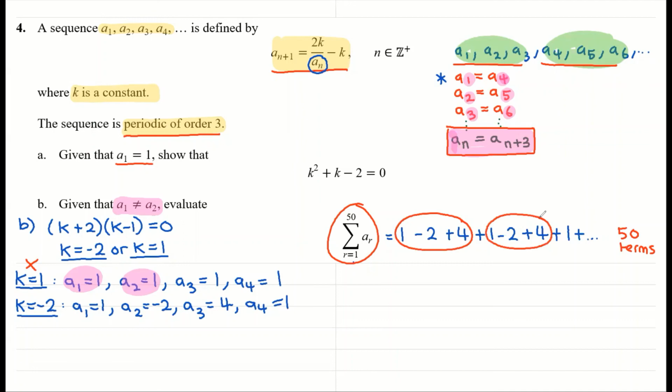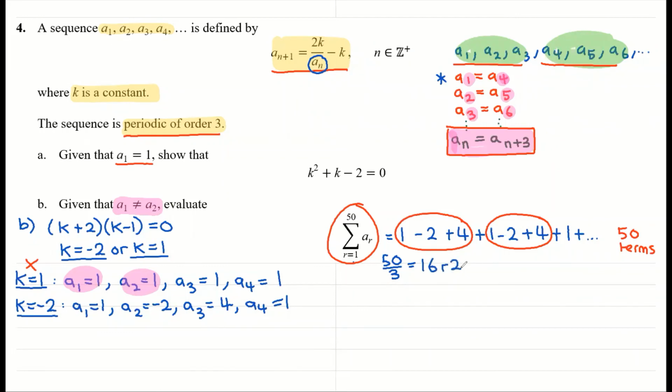All right, now if I'm summing over 50 terms, now 50 is not divisible by 3. So if I just quickly do that, 50 divided by 3, as we know, is 16 remainder 2. I'm going to write it as remainder 2.